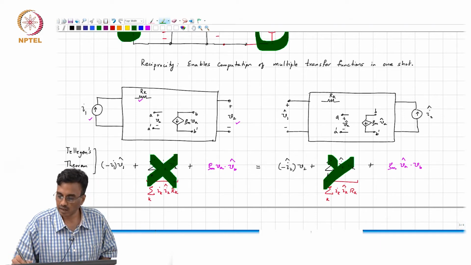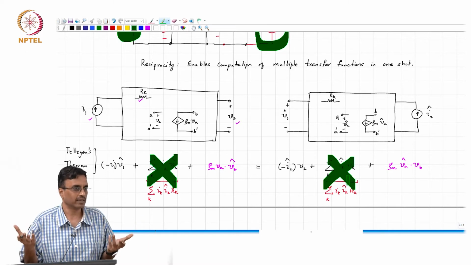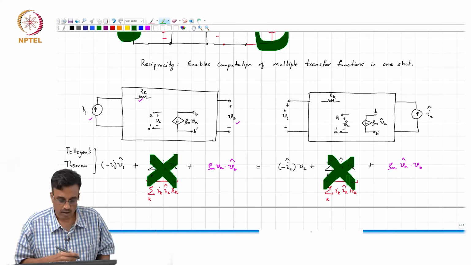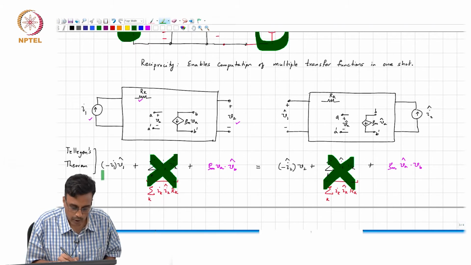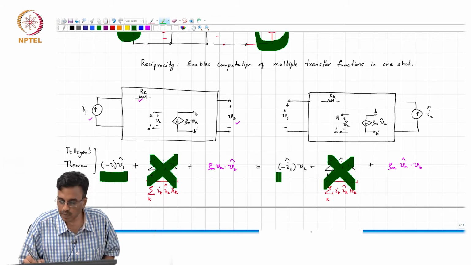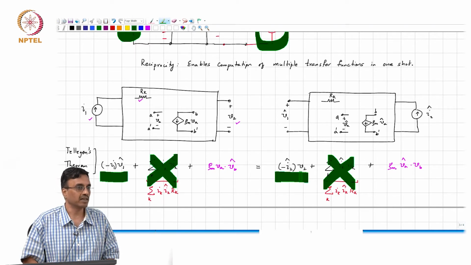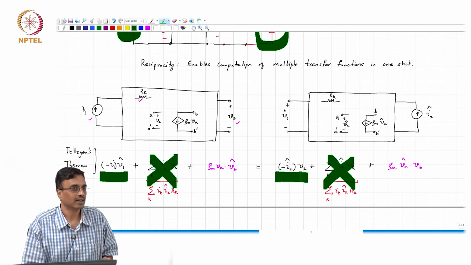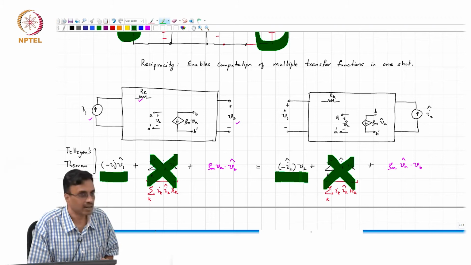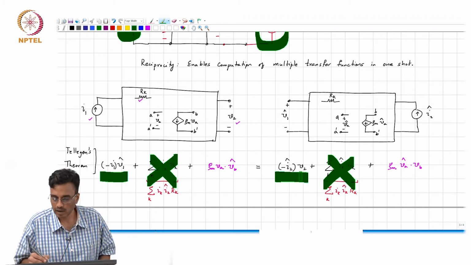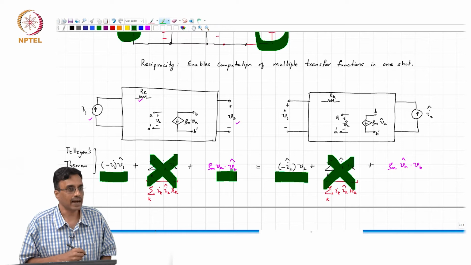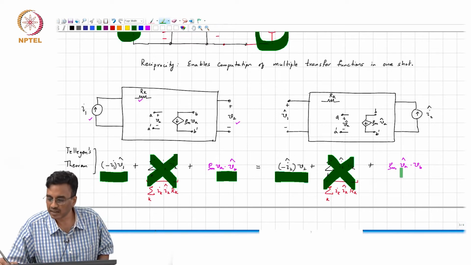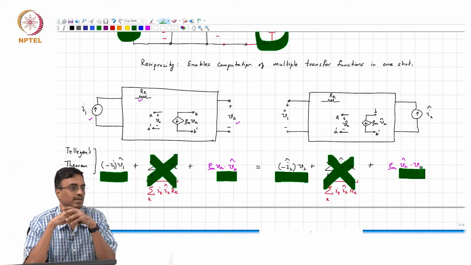They cancel like before, no surprise, correct? And we would be able to get our desired relationship between the port voltages and currents, except that there is this little irritant, which is Va times Vb hat on this side, and this is Va hat times Vb.